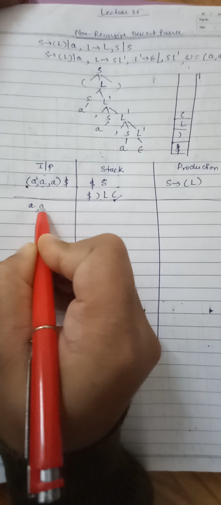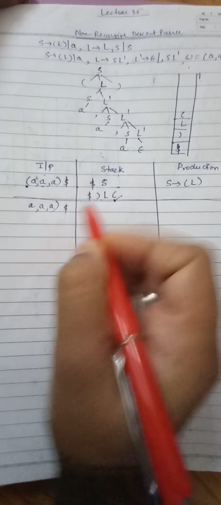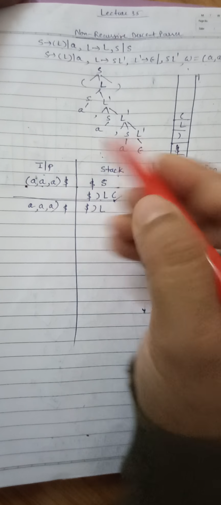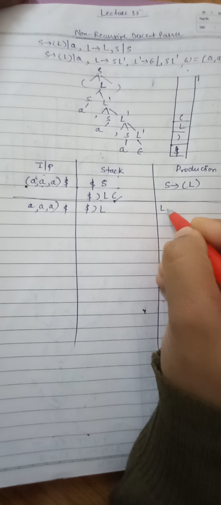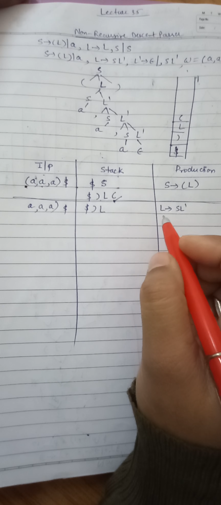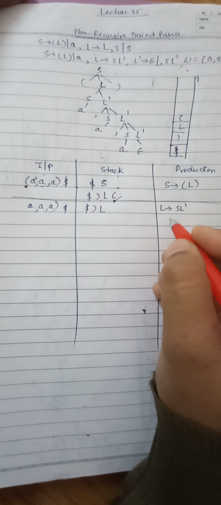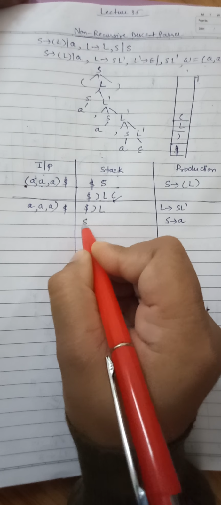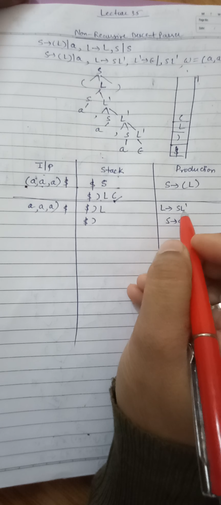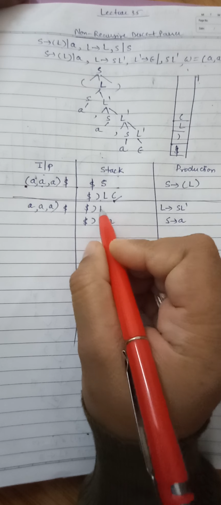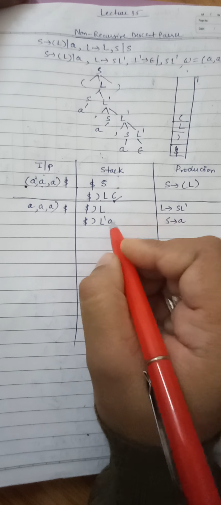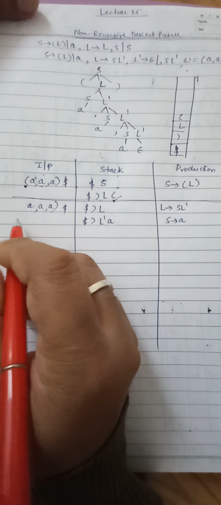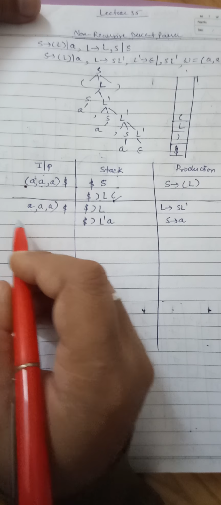Input A comma A comma A. So now what we will do: L tends to SL dash we are taking, and after that S tends to A. So we will write S tends to A here. So now what is left? L dash, because L tends to SL dash and S tends to A, so L dash is left. So here A is over.